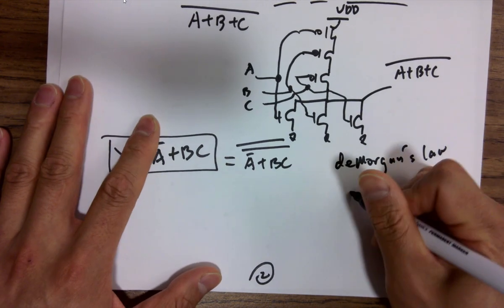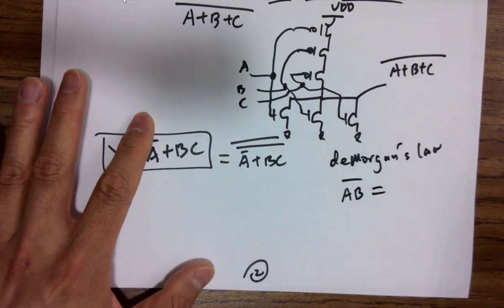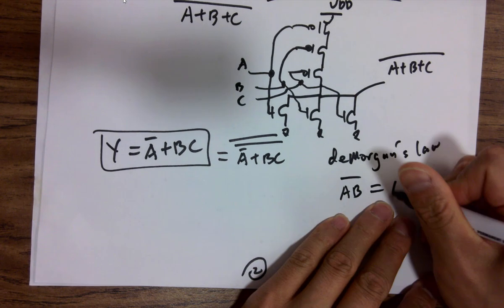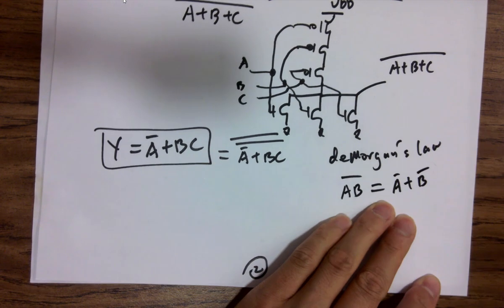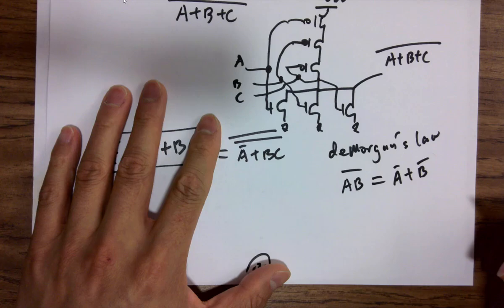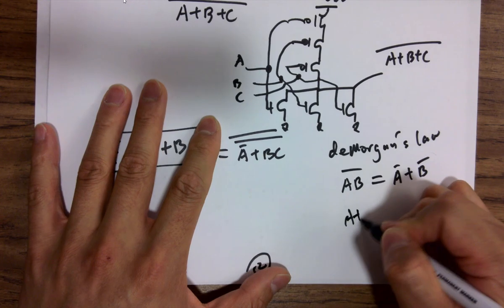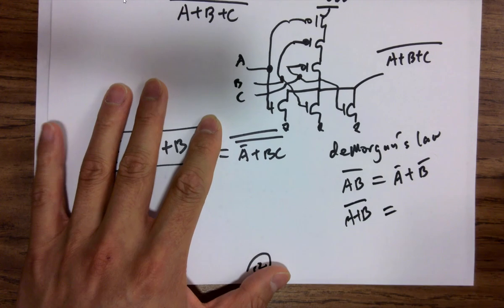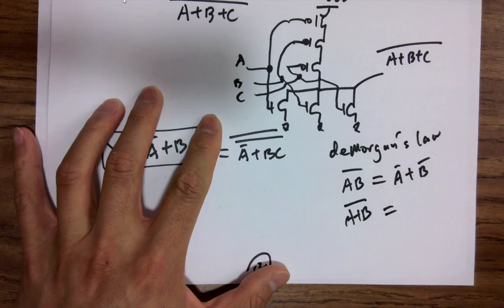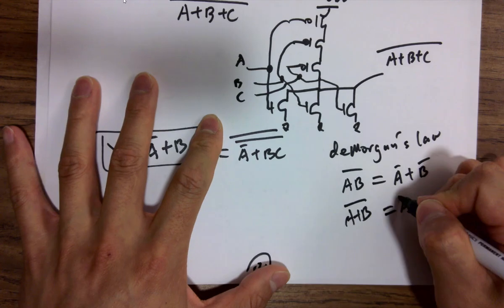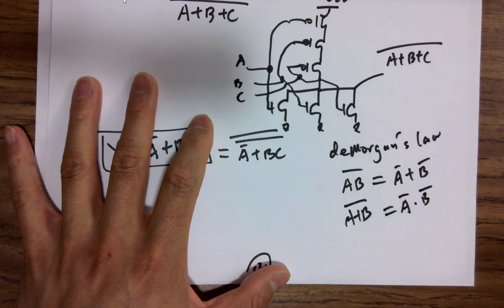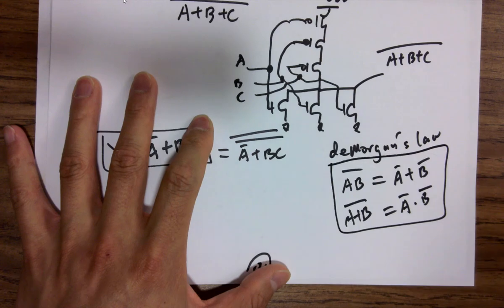How do we do that? A and B. How do we split the bar and change the sign? Okay? Make sense? So that would be A naught. Split the bar and change the sign. That's De Morgan's law. That's it.